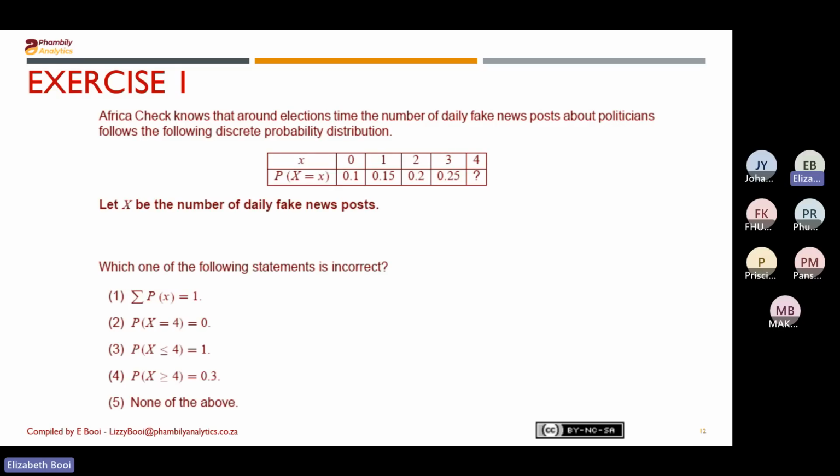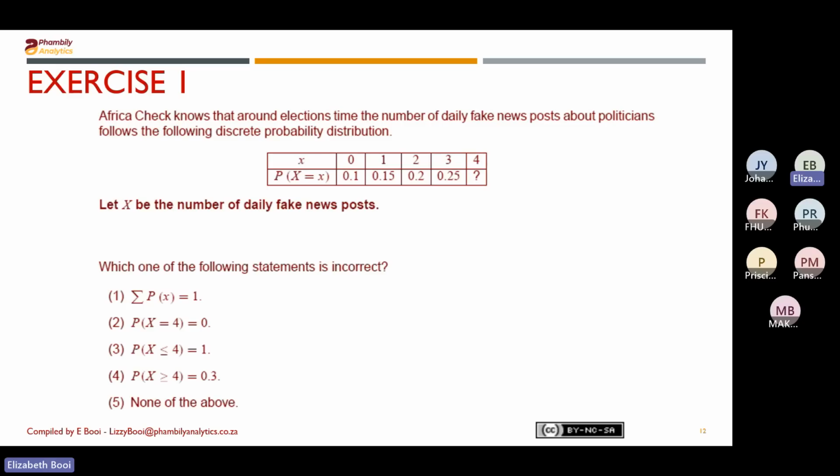They give us the X value and its corresponding probabilities, and they've got a question mark at point number 4. Let X be the number of daily fake news. Which one of the following statements is incorrect? The first step is to calculate the value of the question mark and then answer the questions as they say.